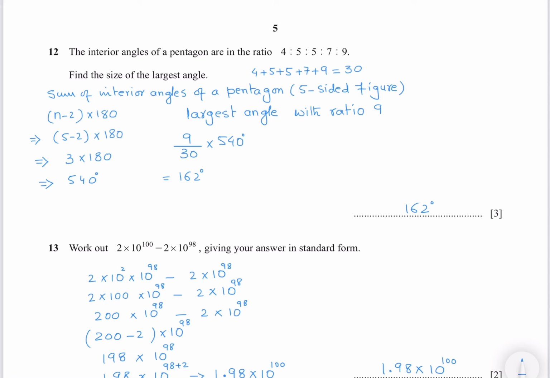You can use the formula (n minus 2) times 180, where n is 5. So (5 minus 2) into 180, so the sum of the interior angles of a pentagon is 540. The largest angle would be the ratio of 9. So 9 over 30 multiplied by 540 degrees. You get 162. This is the largest angle.